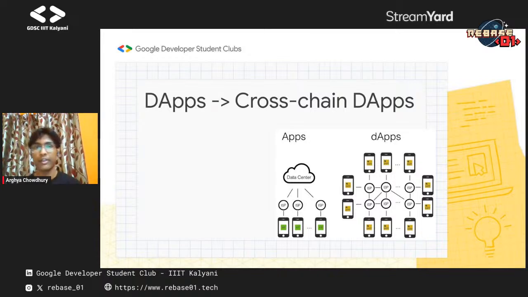So there are different kinds of systems that these layer one blockchains work on, and they have differences as well. For example, Bitcoin is slower, Ethereum is slow as well, while Solana is quite fast. So there are multiple differences between these.